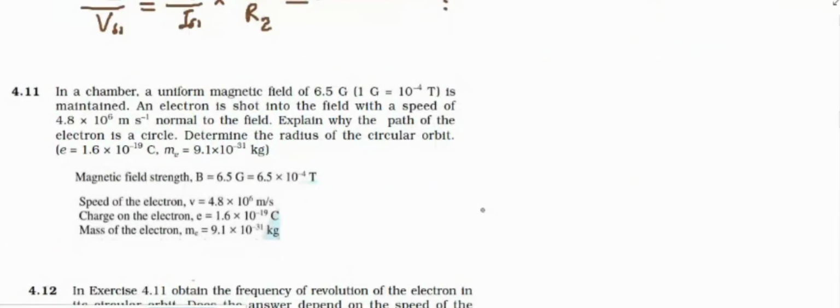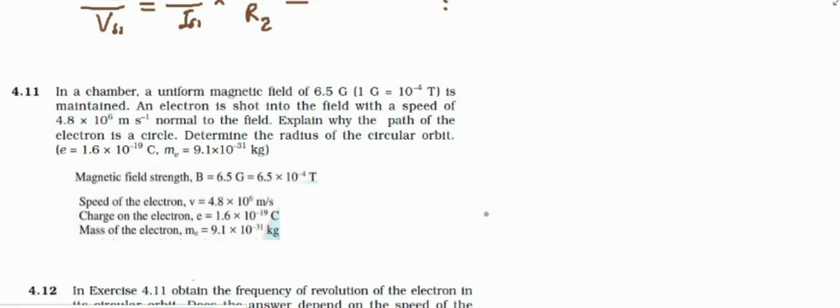Next, question 11. In a chamber, a uniform magnetic field of 6.5 Gauss is maintained; the conversion formula is given: 1 Gauss is equal to 10 power minus 4 Tesla. An electron is shot into the field with a speed of 4.8 into 10 power 6 meter per second normal to the field. Explain why the path of the electron is circular.